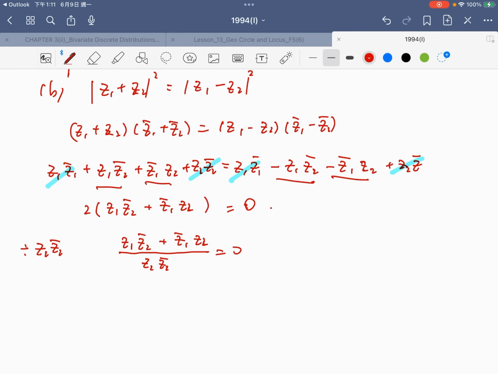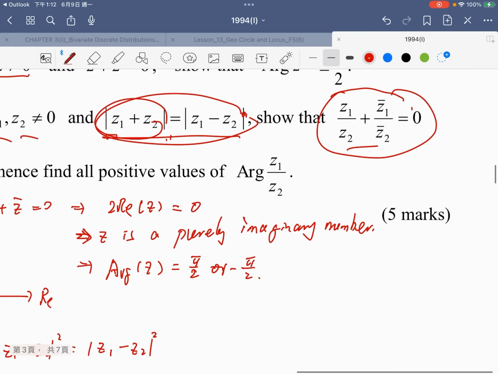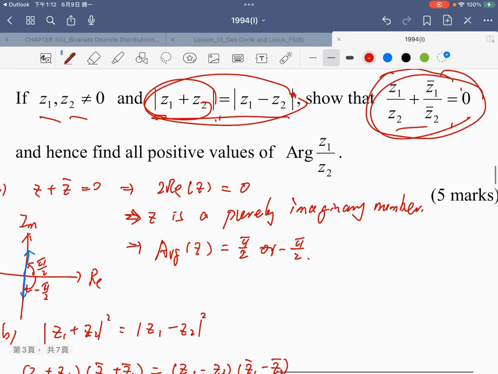We can see that z1 over z2 plus z1 over z2 conjugate here. That is the first part of this one.